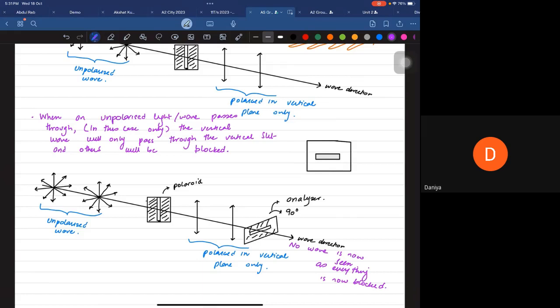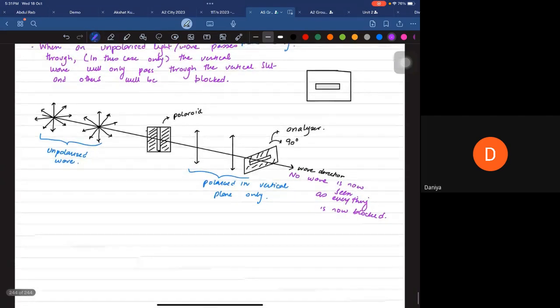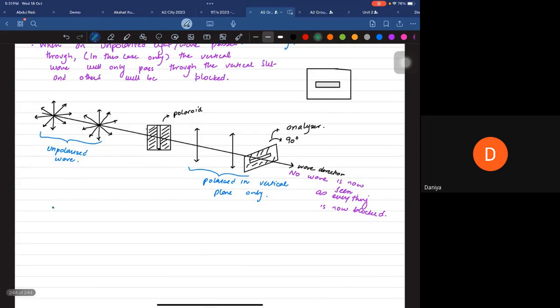So you can basically write it down. It's called an analyzer, because we want to know what kind of wave is there. Do you understand? Yes. As the analyzer is rotated to 90 degrees, the intensity of the wave reduces to zero.